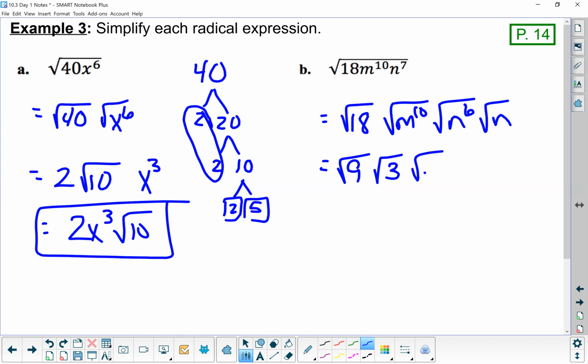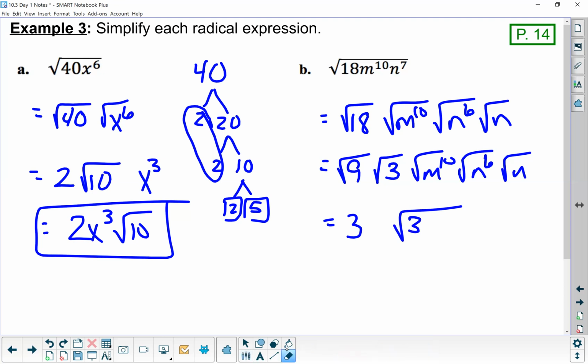We have square root m to the 10th, square root n to the 6th, square root n. Square root of 9 is 3. We have the square root of 2. Sorry, 9 divides into 18 twice, not 3 times.